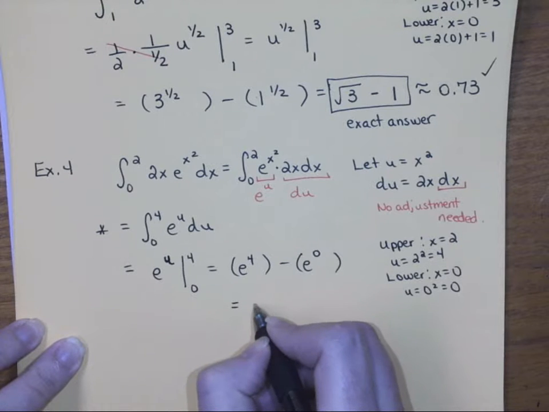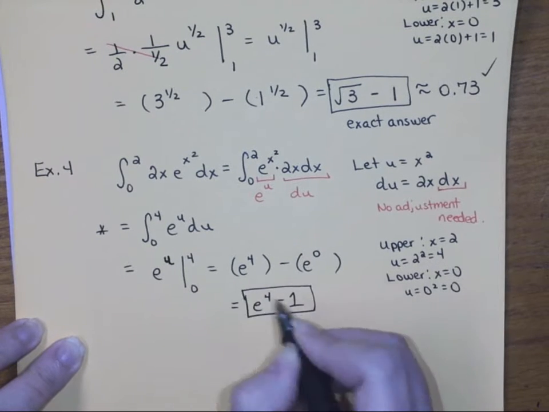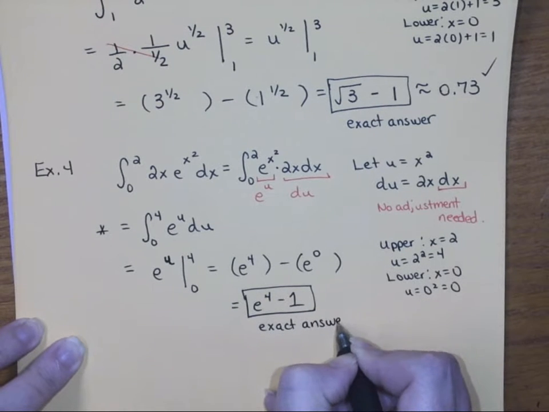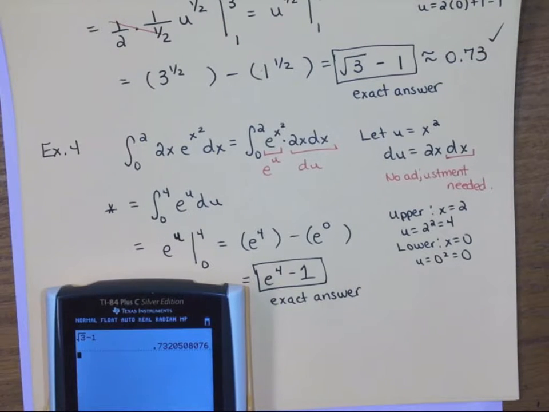But anything to the 0 power is just 1. So this would be the exact answer that I'd be looking for. On your calculator, I'm not going to do the whole thing, but e to the 4th minus 1, your calculator's only going to give you 53.598, blah, blah, blah.